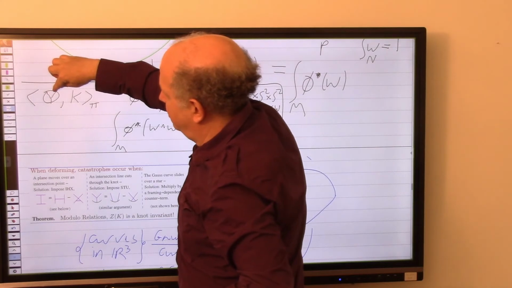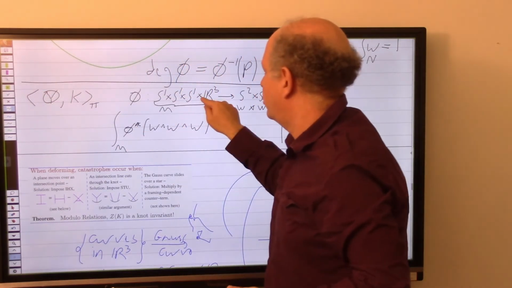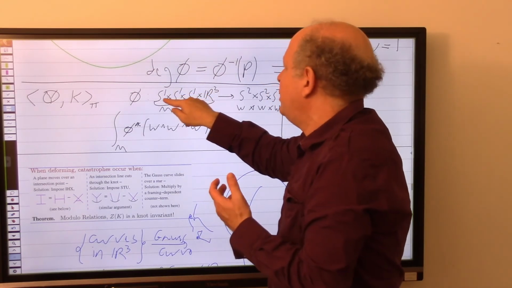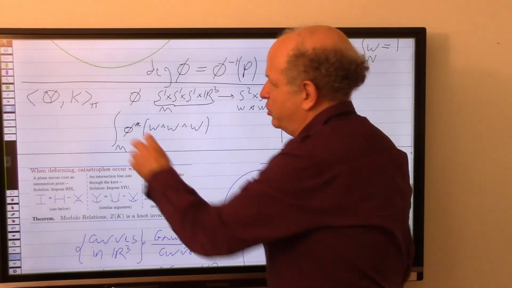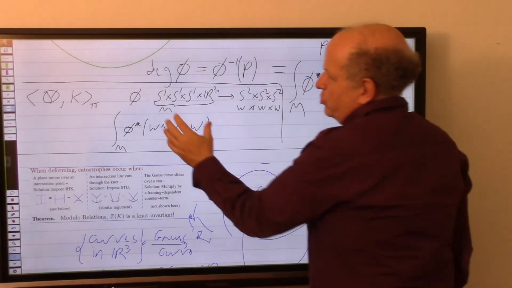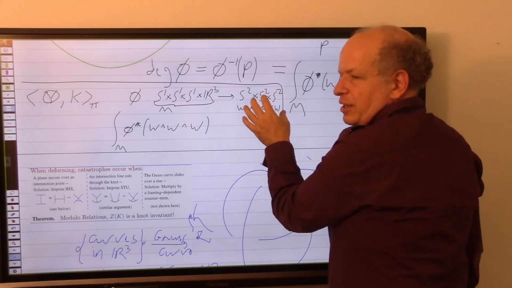The points have to retain their order. So when I write S1 cross S1 cross S1, it's really a subset of that, because I want the points to retain their cyclic ordering. So the manifolds here are manifolds with boundary.